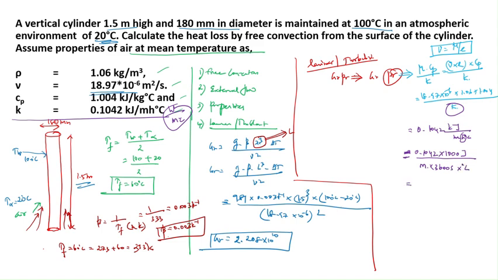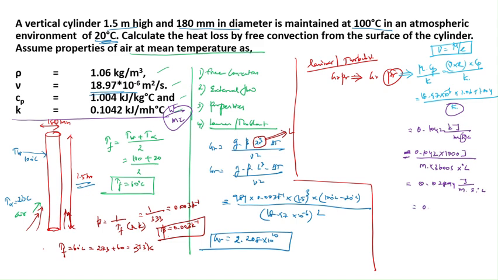After substituting, you get the value 0.02894 joule per meter second degree Celsius.